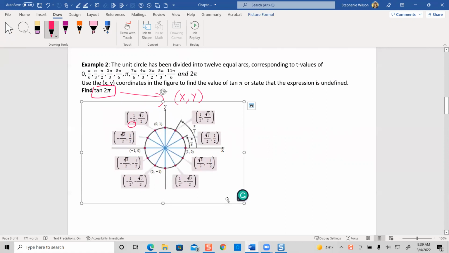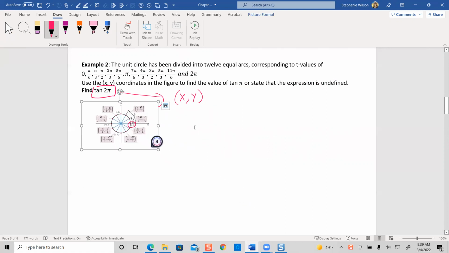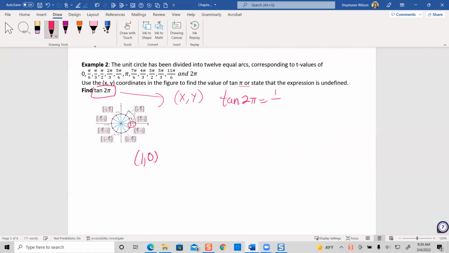At 2 pi, where the circle ends, it's on the x-axis, so that means y is going to be 0 and x will be 1. So I have now tangent 2 pi. Let's rewrite it like this. I have 0 over 1, which is 0. So my answer is 0. Okay.